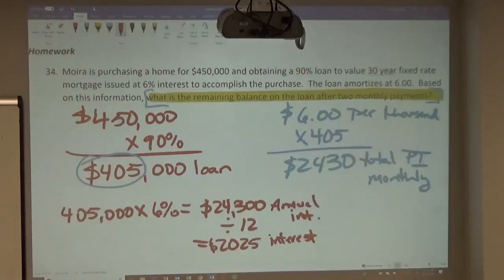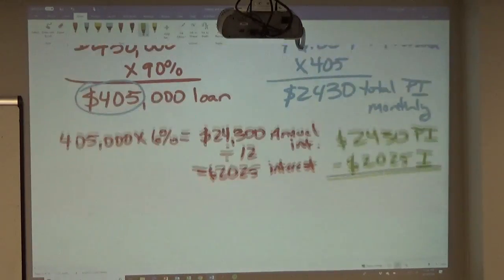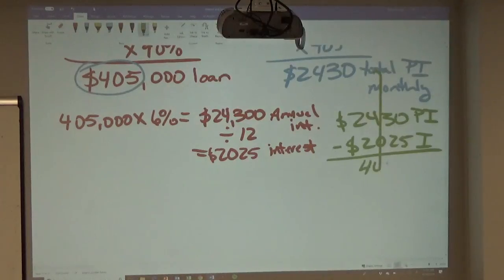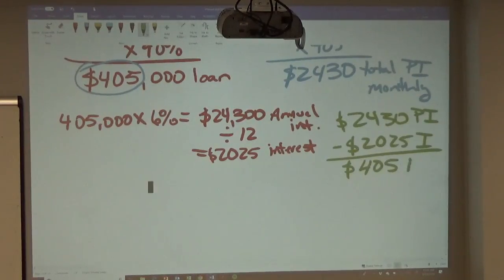Here's what we know about our payment. The total payment is $2,430 for PI, and the first $2,025 of that is going toward the interest. So $2,430 minus $2,025 is $405 going toward principal.